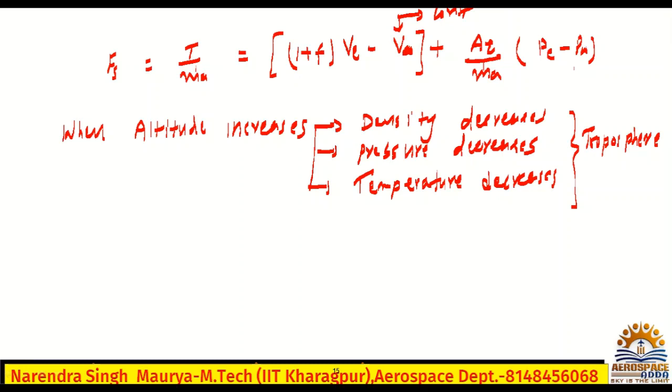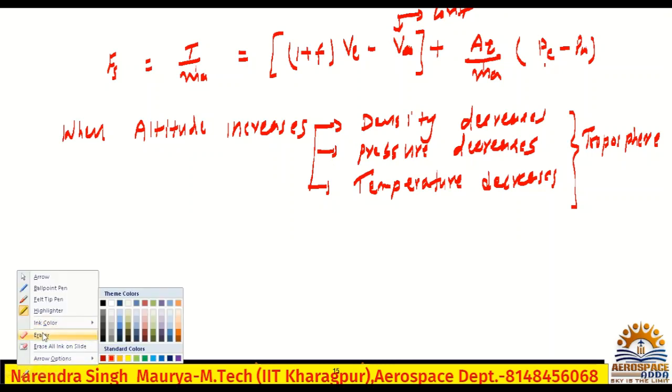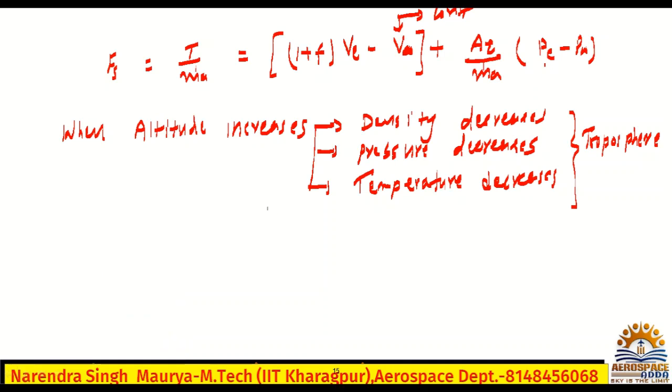Check first P infinity, which is the atmospheric pressure, obviously ambient pressure or surrounding pressure. P infinity will be decreasing. If P infinity is decreasing, then the difference Pe minus P infinity will be increasing. So I must write here: when altitude increases, pressure decreases.